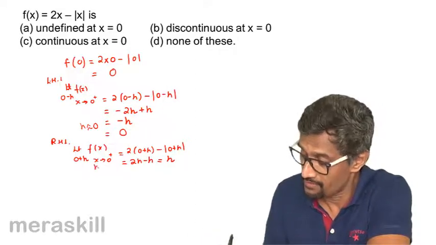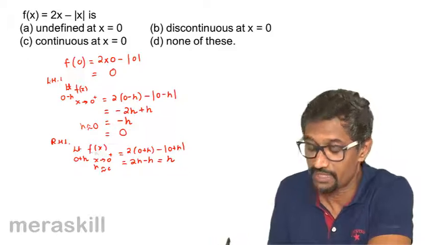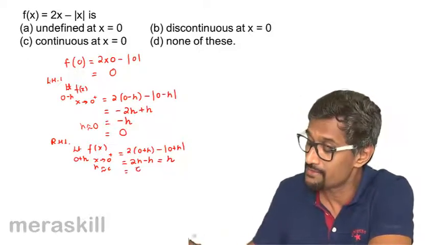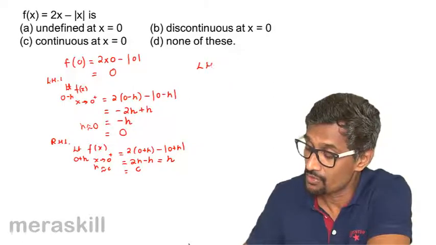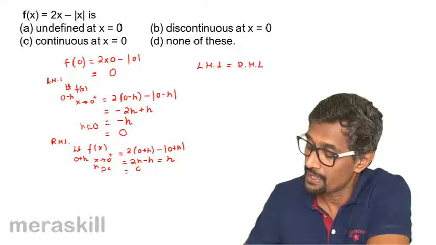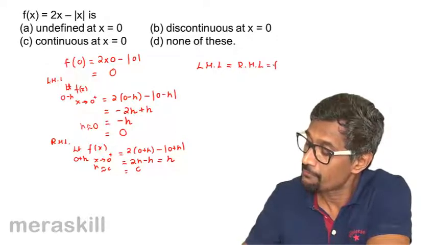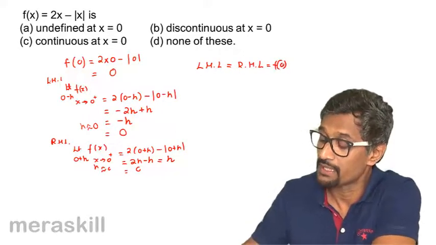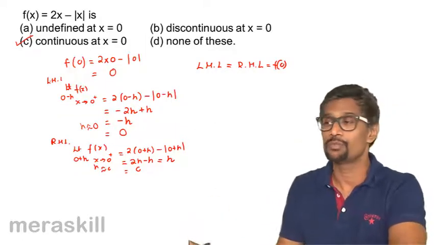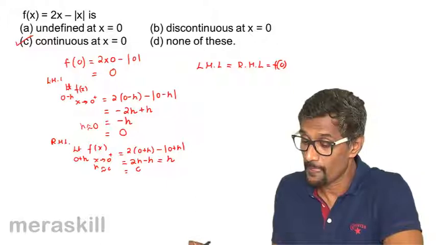And again, h has to be made 0 to find the limit value of this f of x. We substitute and find h as 0. So the left-hand limit and right-hand limit are equal, and f of 0 is the same. That means the function is continuous at x equal to 0.